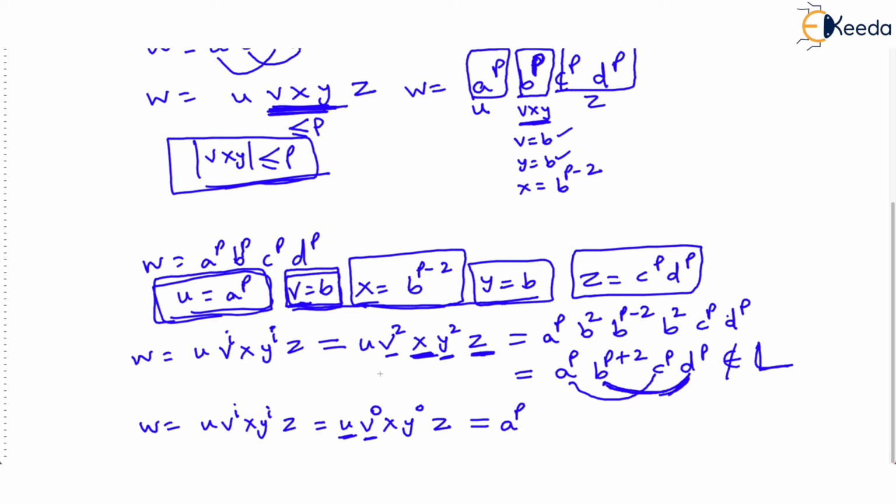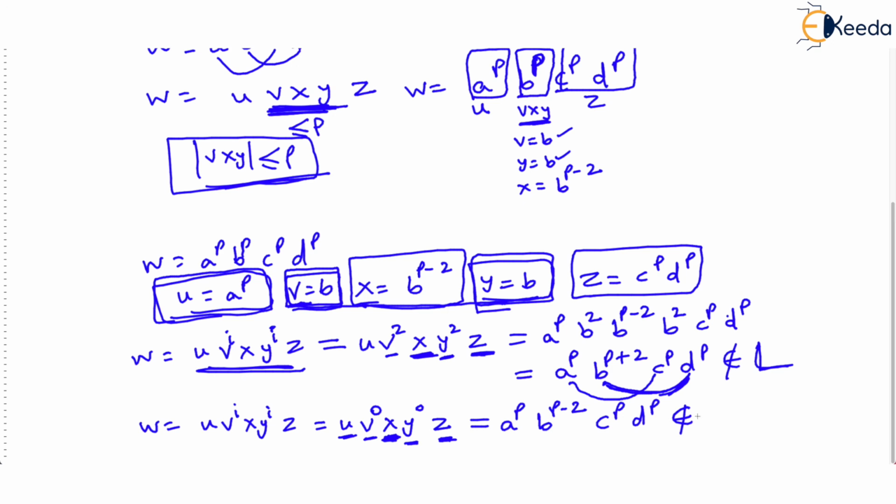We are not going to write v at all. When we kept i as 2 in the earlier example, we were pumping in, extra occurrences of v. Here we are pumping out. What is x? x is b raised to P minus 2. What is y? y is b, but we have y raised to 0. That means we are pumping out y. And finally, what is z? z is c raised to P, d raised to P.